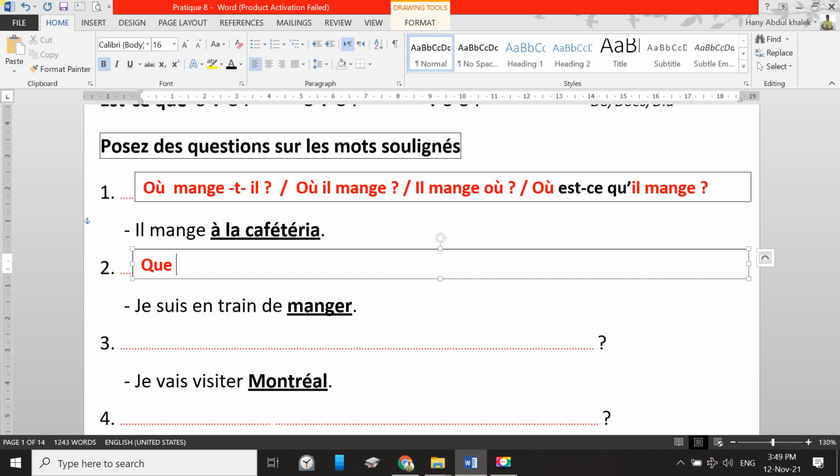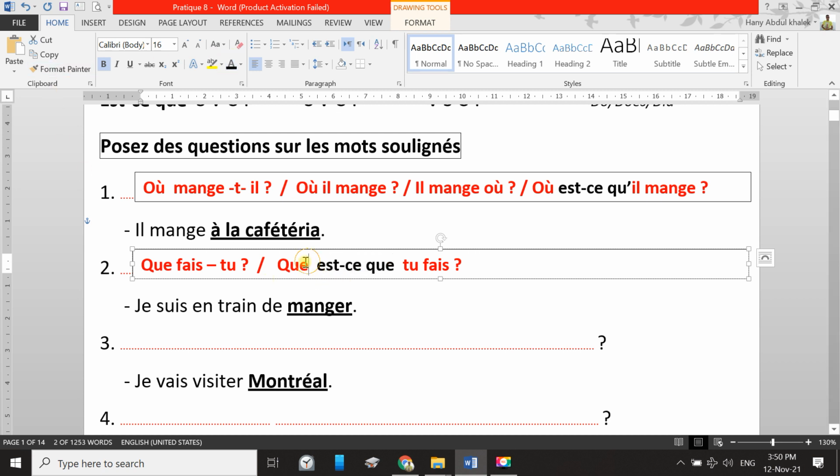Que, and this is que fais-tu. What do you do? This is fais, verbe faire, verb to do. Here we conjugated it with the subject pronoun tu. And we can say it with est-ce que. If you remember, I explained in the previous question that we put est-ce que to arrange the sentence after the question word: subject, verb, and object if we have.